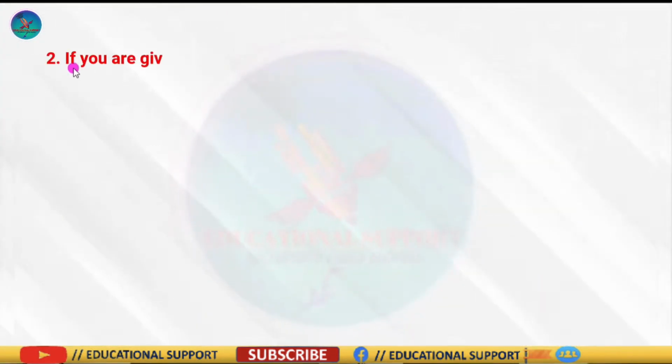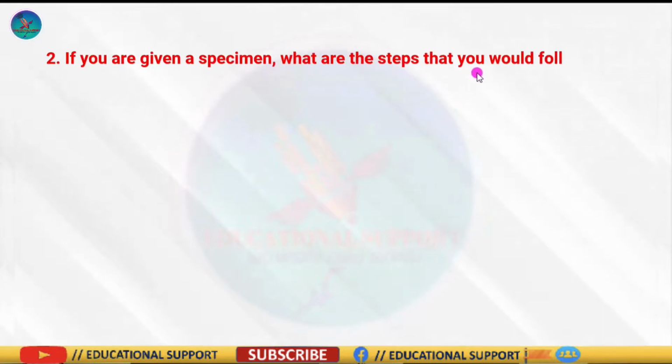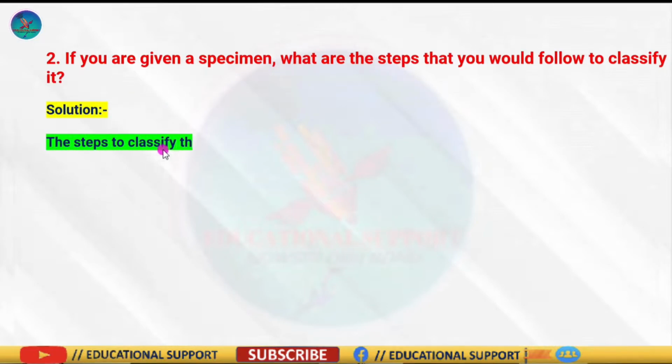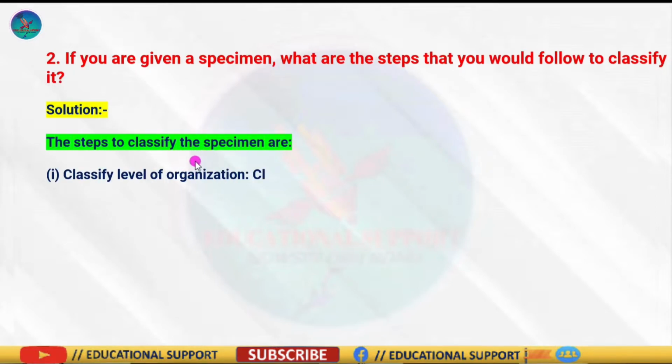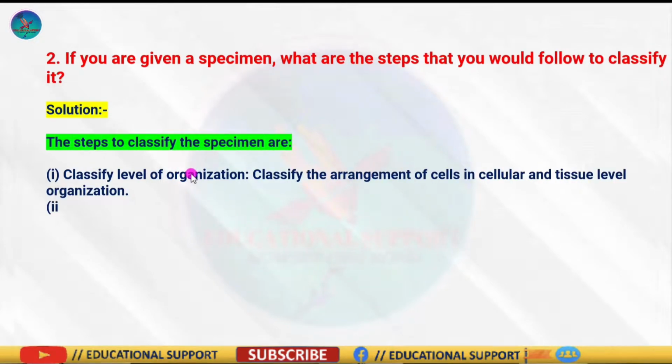Question number 2 is, if you are given a specimen, what are the steps that you would follow to classify it? So there are some common fundamental features that help in classification of living organisms, and the features that can be used in classification are as follows.